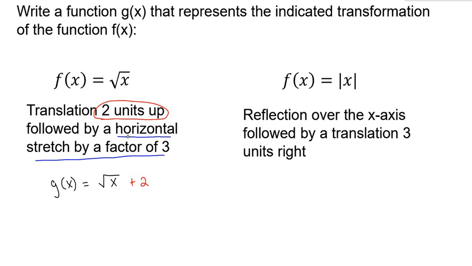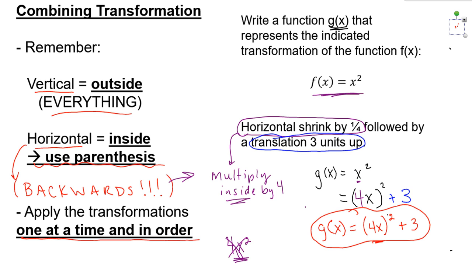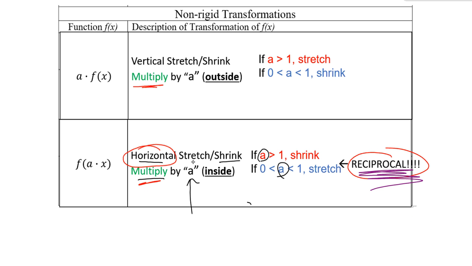All right, then we've got a horizontal stretch by a factor of 3. Okay, horizontal in your brain, bells and whistles. If you look at our cheat sheet for a horizontal stretch, we're multiplying by a inside, where if you remember, a is the reciprocal.